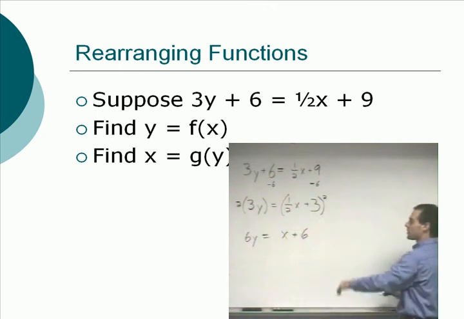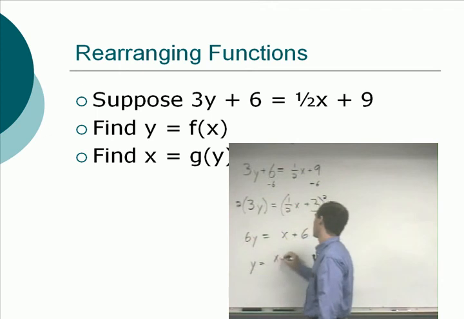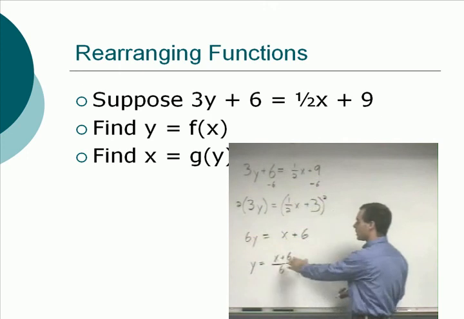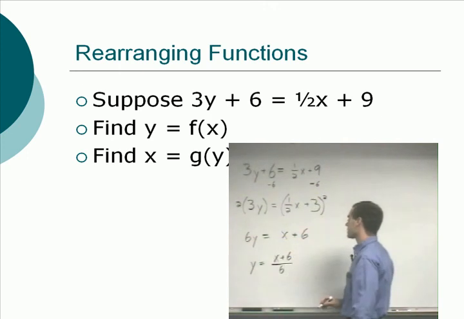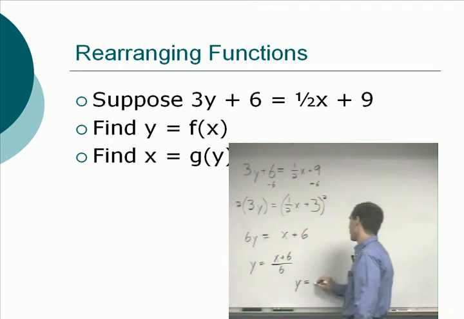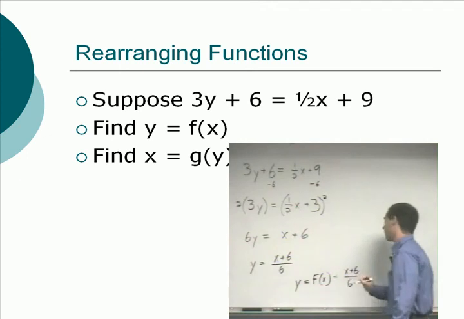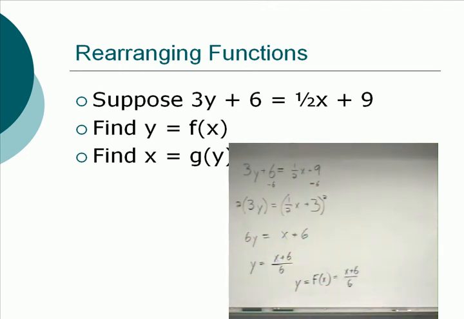And now we'll divide both sides by 6 so that y equals x plus 6 over 6. We're done. There it is. y equals x plus 6 over 6, so we can say that y is some function of x, and that is x plus 6 over 6. So we're done with the first question. We wrote it as a function of x.